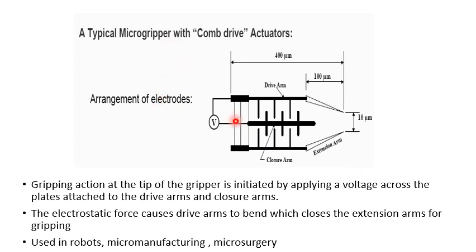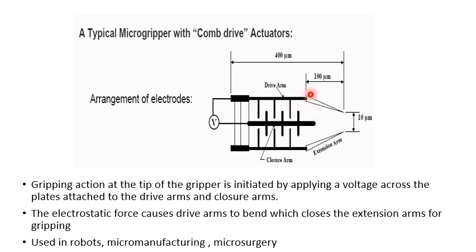Now this figure shows a micro gripper implemented using Coulomb drive actuators. In order to initiate the gripping action, you apply a voltage across the plates which are attached to the drive arm and the closure arm. When you apply a voltage, electrostatic forces are generated that cause the drive arm to bend.